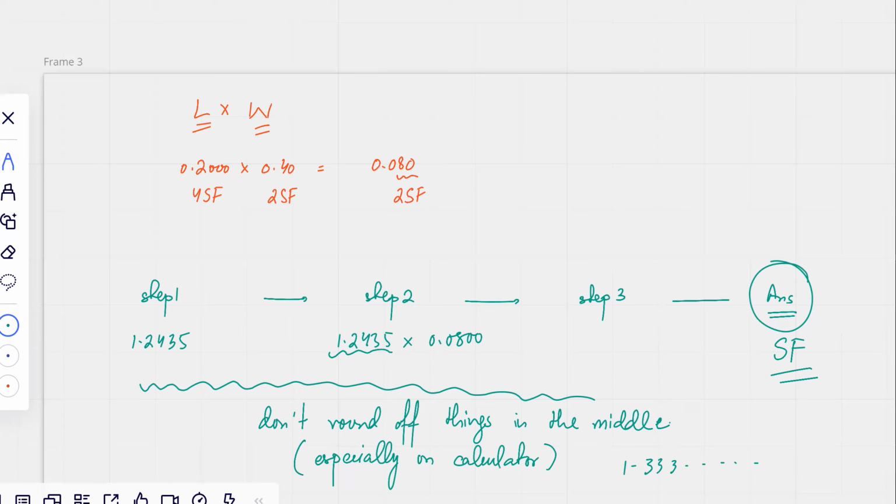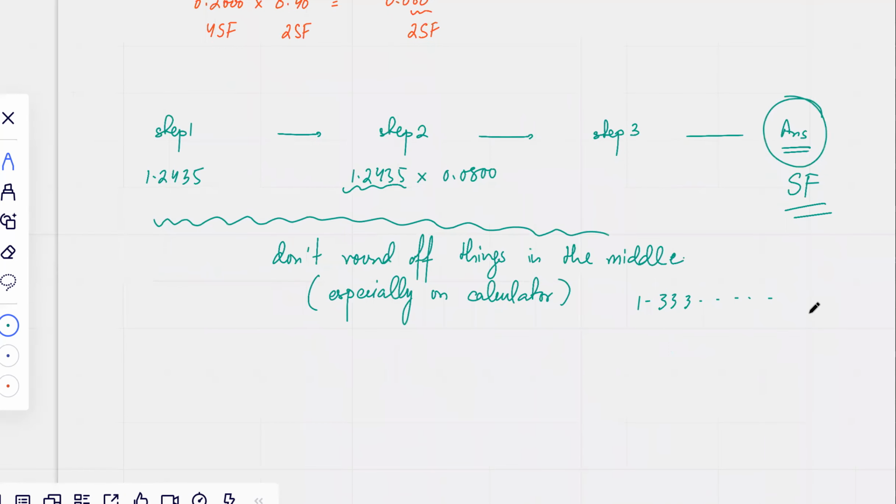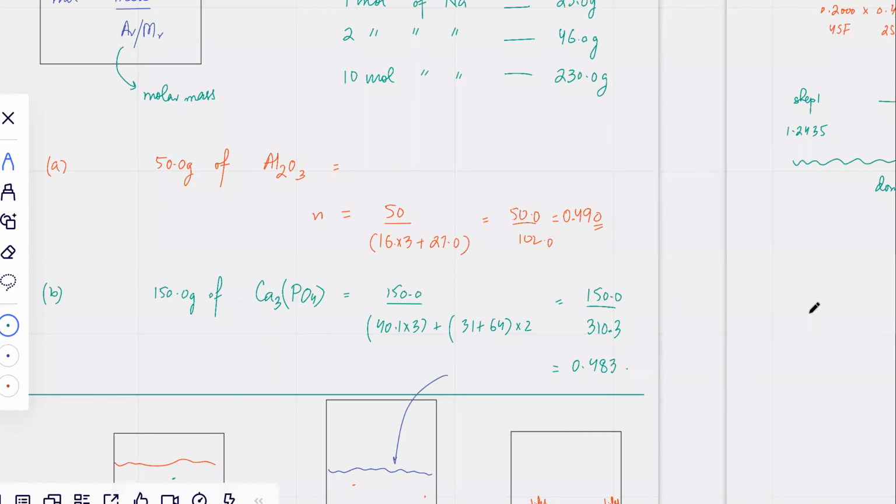You're not going to write the whole value. So try and keep things as accurate as possible. Only round off those things that you're writing or stating on the paper. So just make sure there's no rounding off in the middle of the calculations.